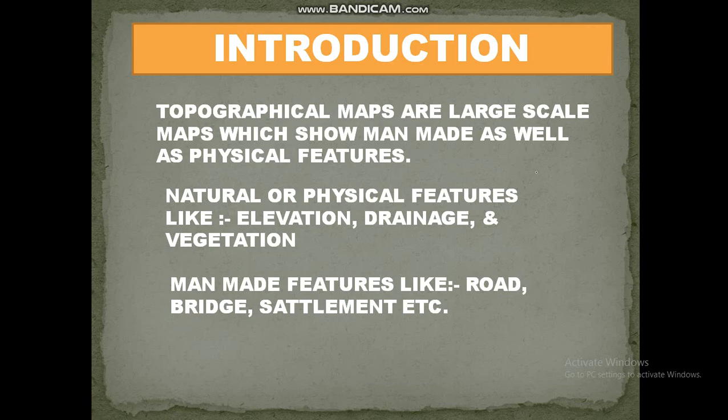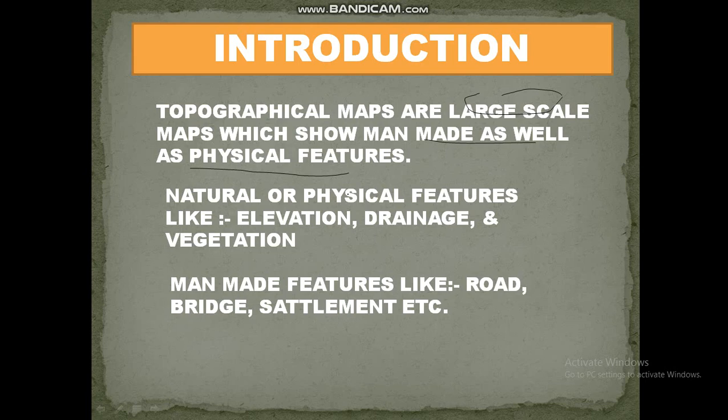So let's understand what a topographical sheet is. Topographical sheets are actually large scale maps. Large scale maps are drawn showing a very small area, let's say 2 centimeters equals 1 kilometer, and these maps show man-made as well as physical features on the same sheet. What type of natural features?